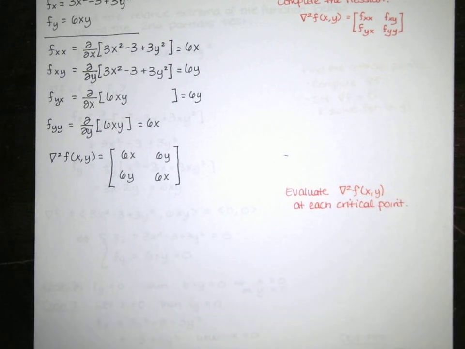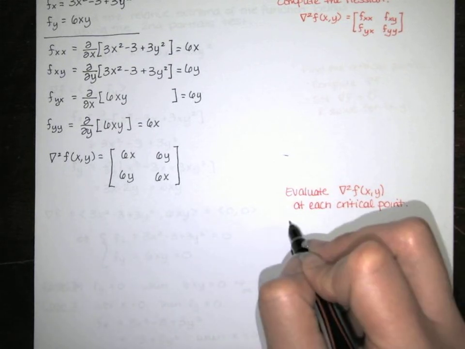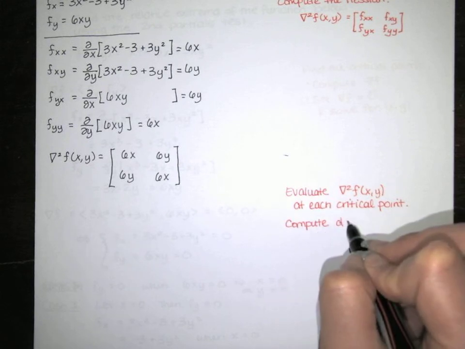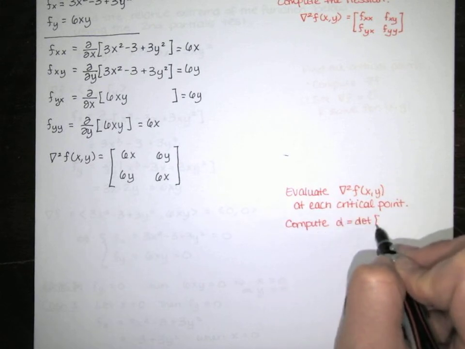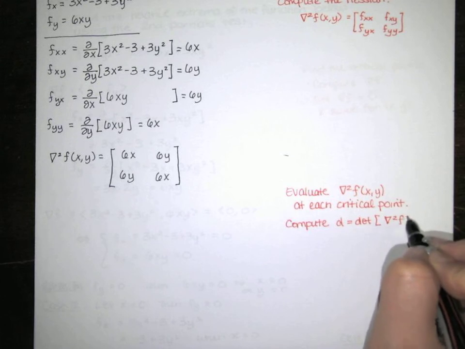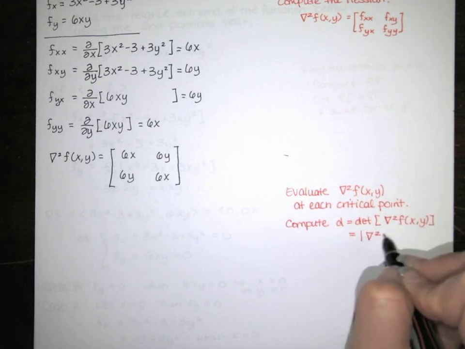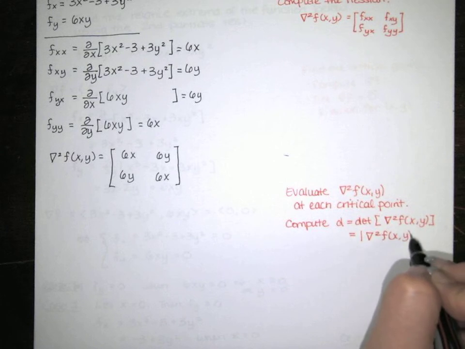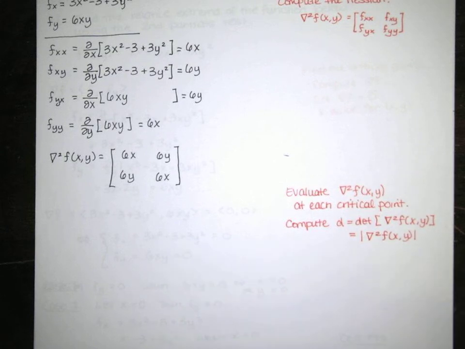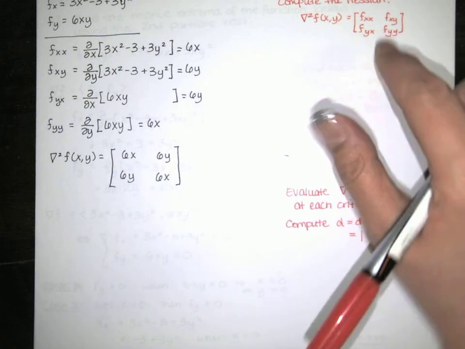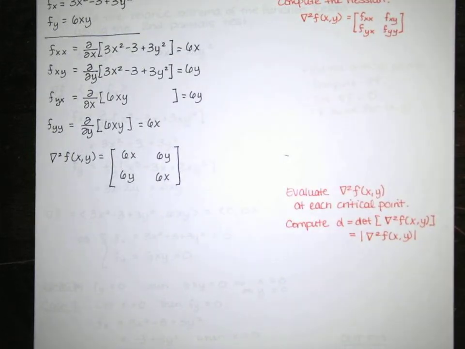And then for each critical point, we will also compute the determinant of the Hessian. So we could write that this way, or we could write it this way. It looks like an absolute value, but it's not. Since this is a matrix, that's a determinant. It's a 2 by 2 determinant. So you multiply across one diagonal this way, you multiply across that diagonal, and you subtract.